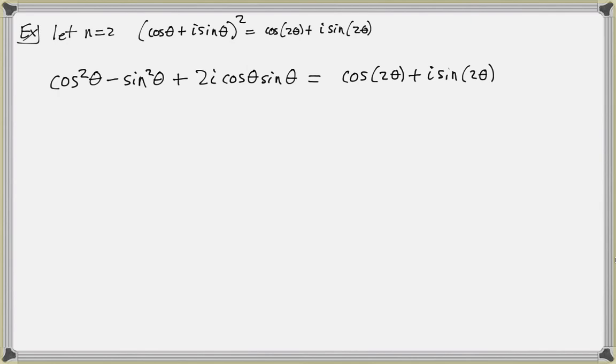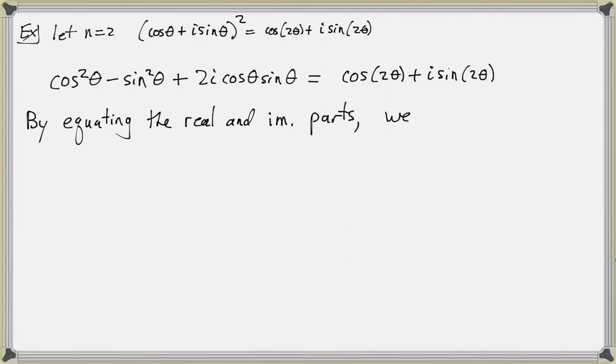In a previous lesson, we learned that two complex numbers are equal precisely when their real parts are equal and their imaginary parts are equal. So then by equating the real and imaginary parts, we obtain the familiar trig identities.